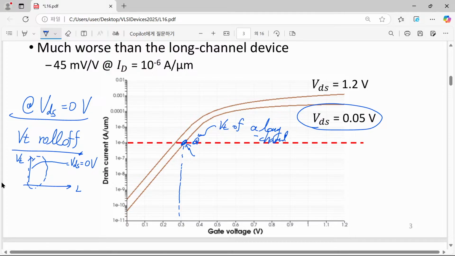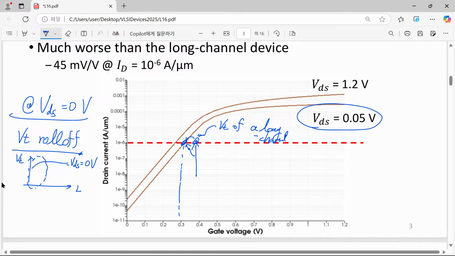So please think about this one. If we have an ideal long channel device, then we will have a certain value corresponding to a long channel device. And if we just reduce the length of our transistor, then obviously we will have a reduction of threshold voltage. That was introduced in our previous lecture.